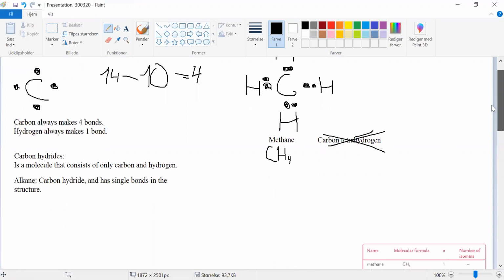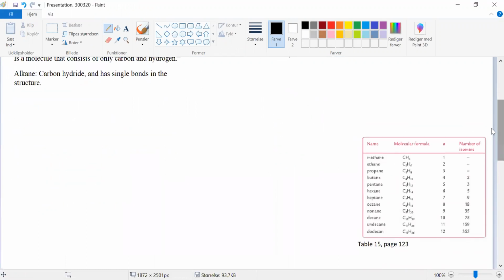set of rules. And I've copied this table here. It's table 15 on page 123 in your book. And I suggest that you open your book on this page. And here we can see that methane is right there. So it has the molecular structure CH4.